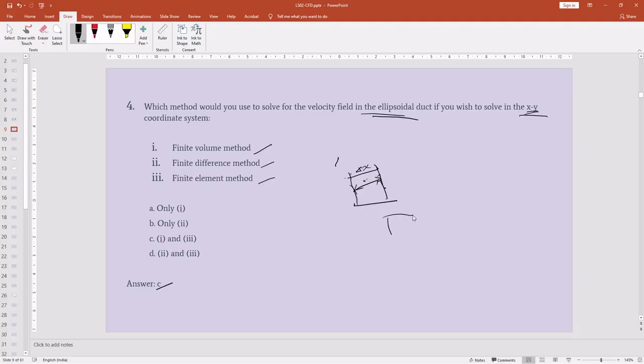In finite volume method, suppose these are two adjacent cells, we apply the conservation law: what is crossing the boundary of the cell. Here we are concerned with the volumes. In finite elements, we are concerned with the points, and in each of these nodal points we will be solving the equations. That's the difference.